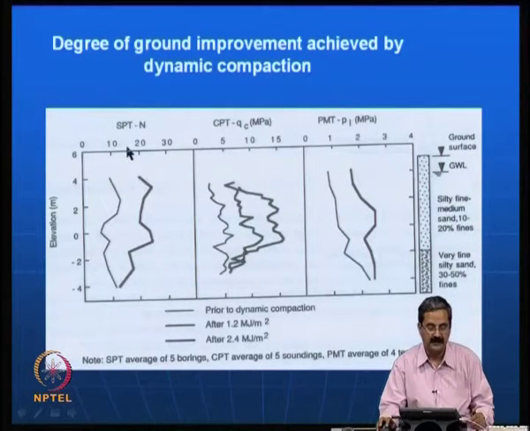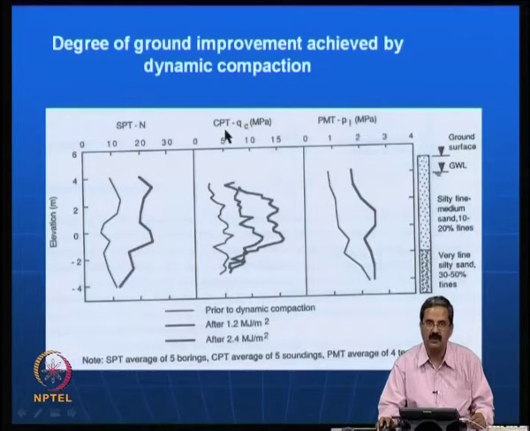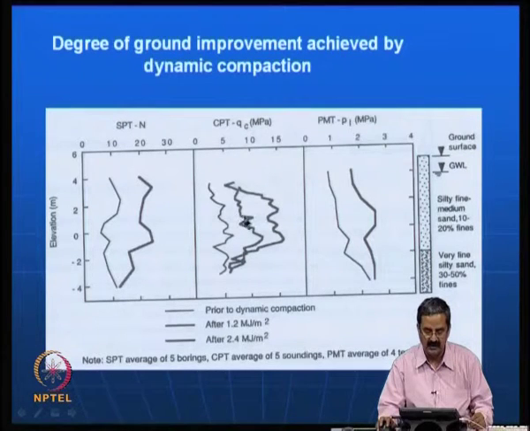You can see here that before the dynamic compaction, the SPT values are in the range of 10. Once dynamic compaction is done, you can see that they are in the range of 20. So, you can see that there is a good difference, and in the case of the CPT, cone penetration test results, the QC is somewhat in the range of 5 MPa, it just increases with depth, but then after improvement QC gets improved like this.